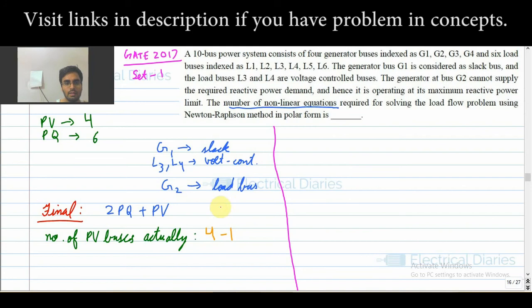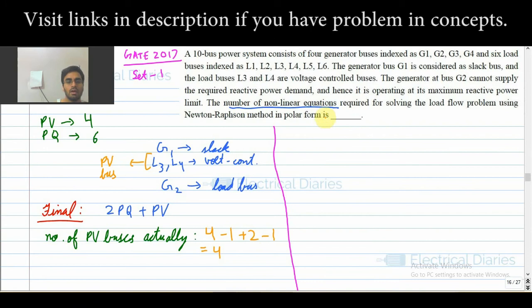L3 and L4 are voltage controlled, so these buses are now PV buses. So 4 minus 1 plus 2, and G2 has become a load bus, so it will be subtracted. Finally you get PV buses equal to 4.